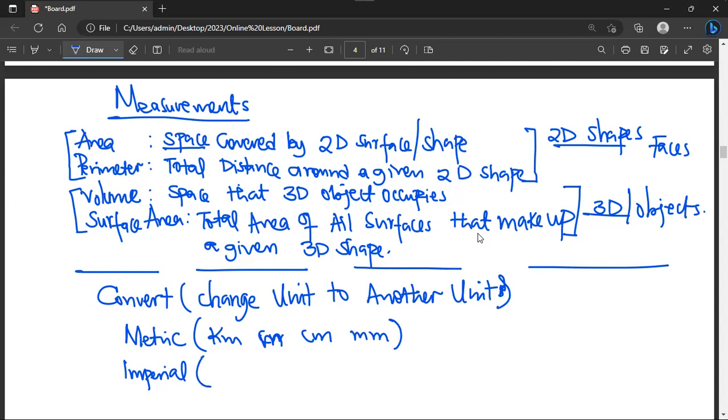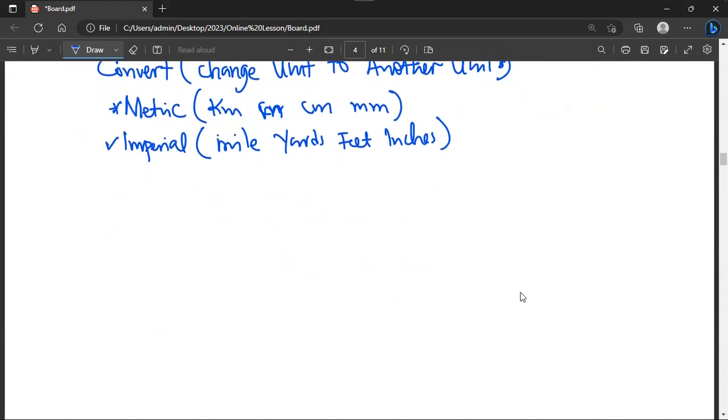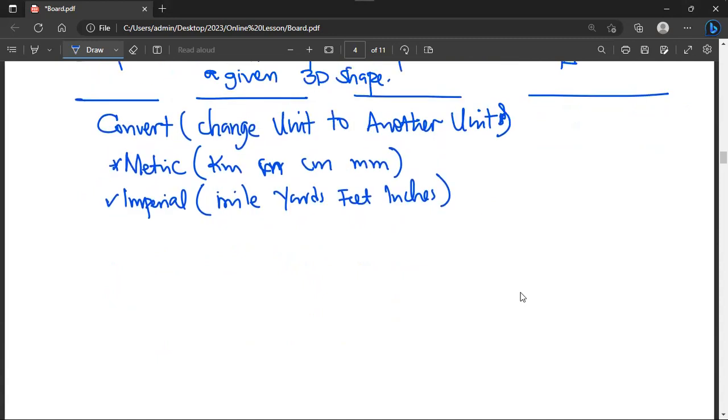Whereas here we look at miles, yards, feet, and inches. We shall expect you to remember this, but this will always be provided.